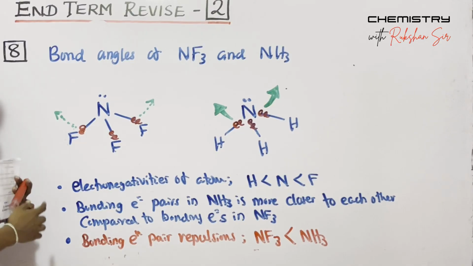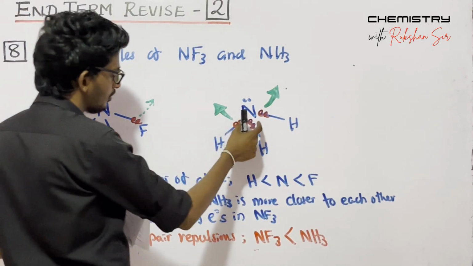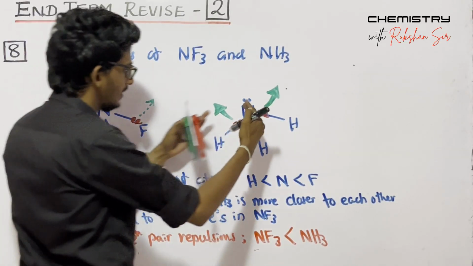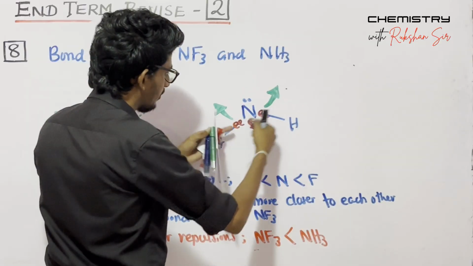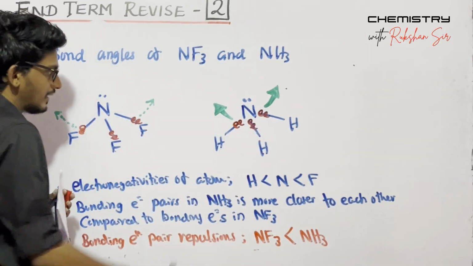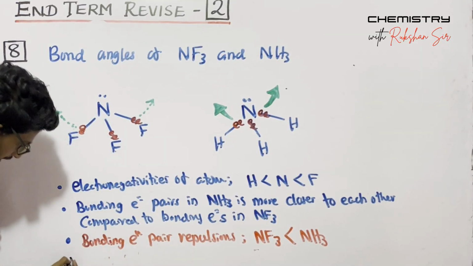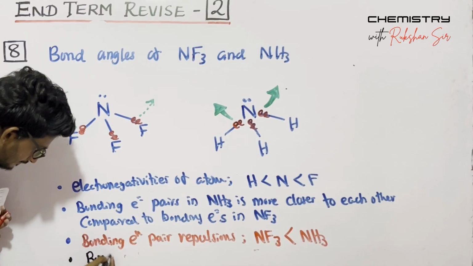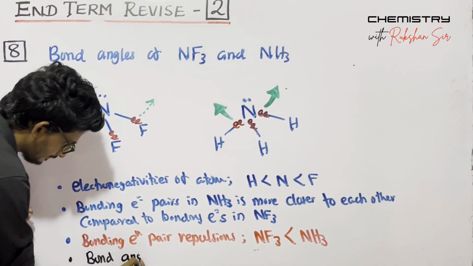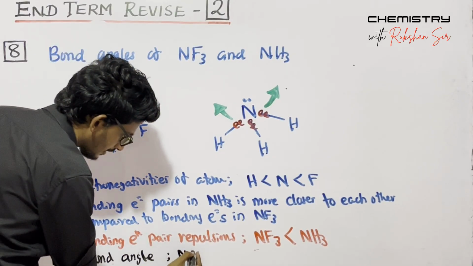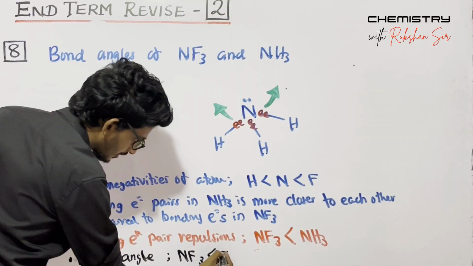So the bond angle is going to be high with NH3 compared to NF3. So the bonds will move further away from each other, making a greater angle here. So we can say the bond angle of NH3 is greater than that of NF3.